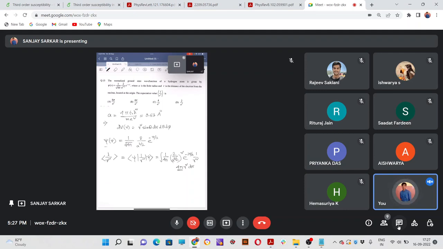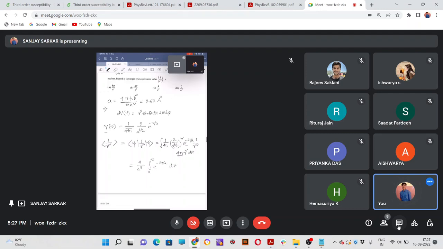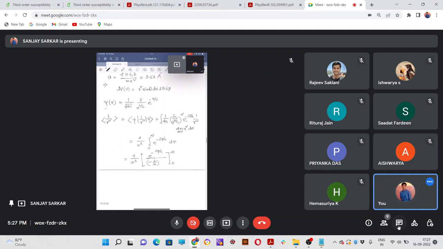So the angular part of the volume element will only give us 4 pi. So this 4 pi and 4 pi will cancel out, and the constant term, which is 4 by a cube, will come out of the integration, and the limit is 0 to infinity, and this r square will cancel out, so only exponential minus 2r by a dr. And if we do the integration, what we get is exponential minus 2r by a divided by minus 2 by a, limit 0 to infinity.